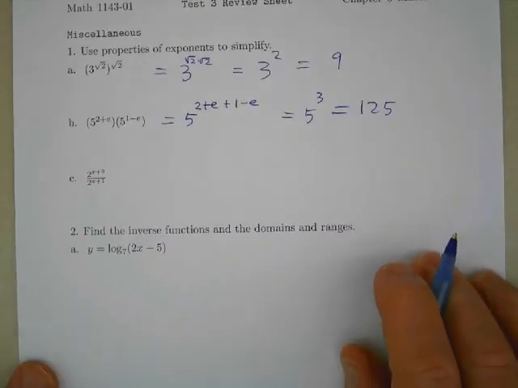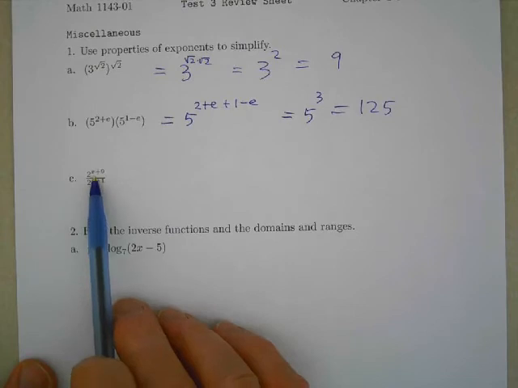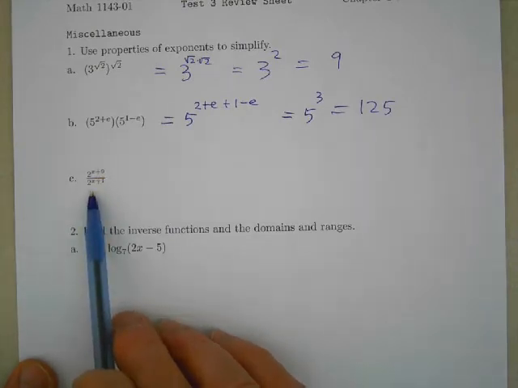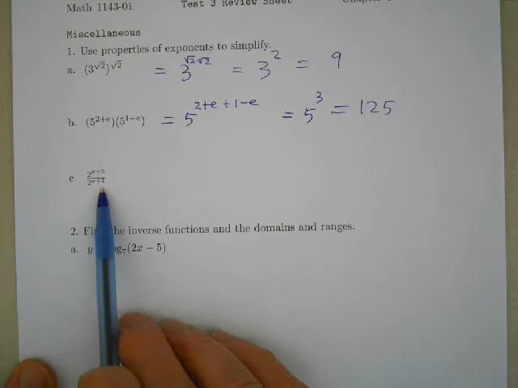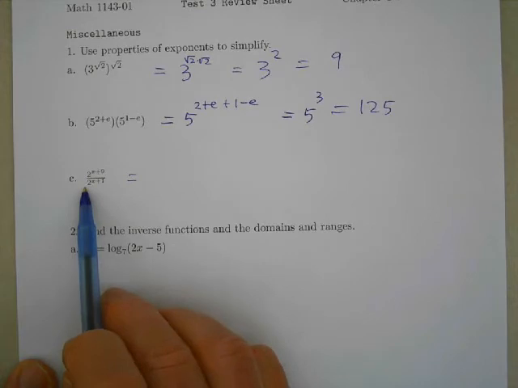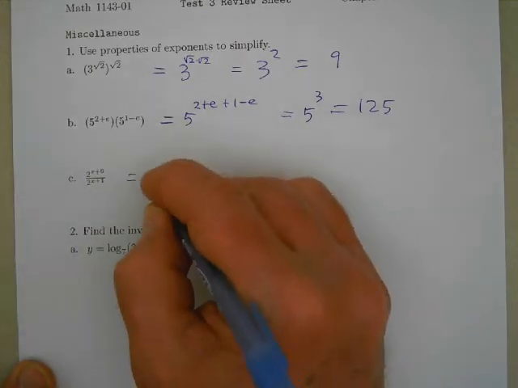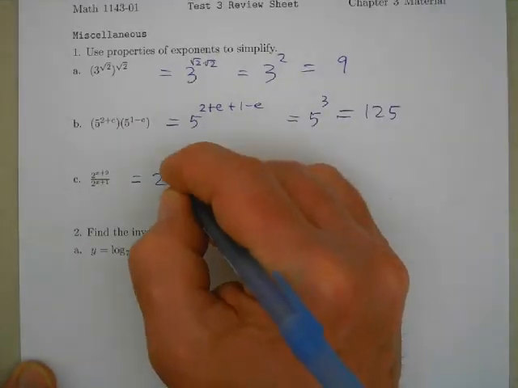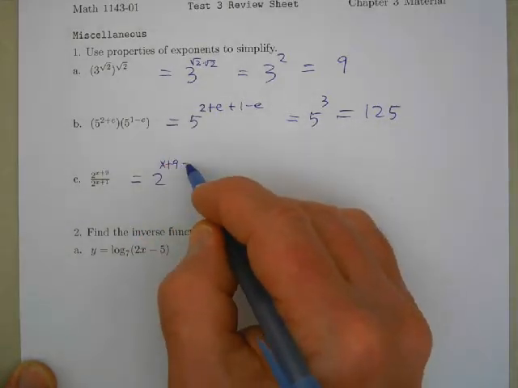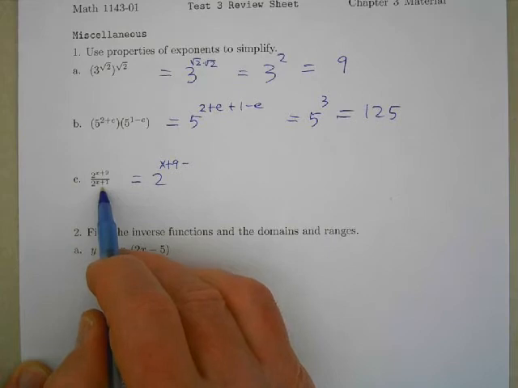Okay, the next example, we have 2 raised to the x plus 9 in the numerator, divided by 2 to the x plus 1 in the denominator. So this time, the base numbers are the same, so we can write this as 2 to the x plus 9 from the numerator and minus the exponent from the denominator.